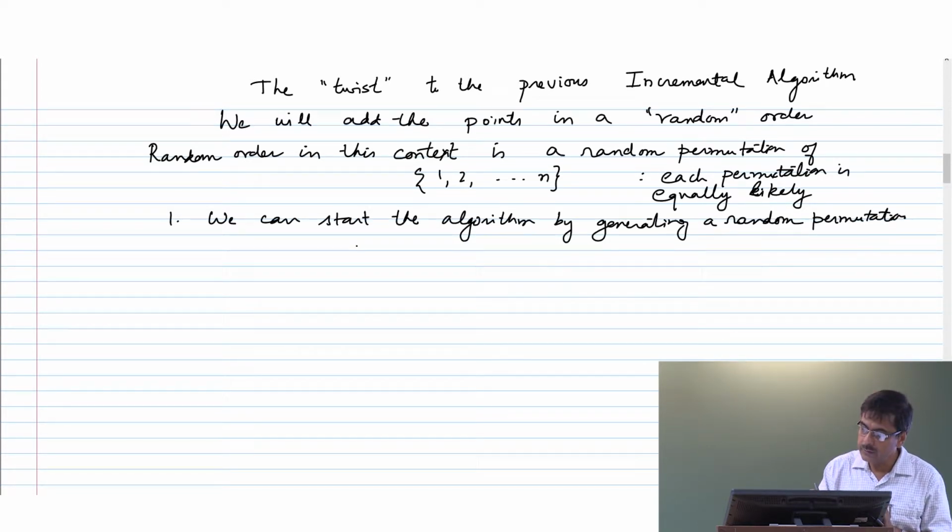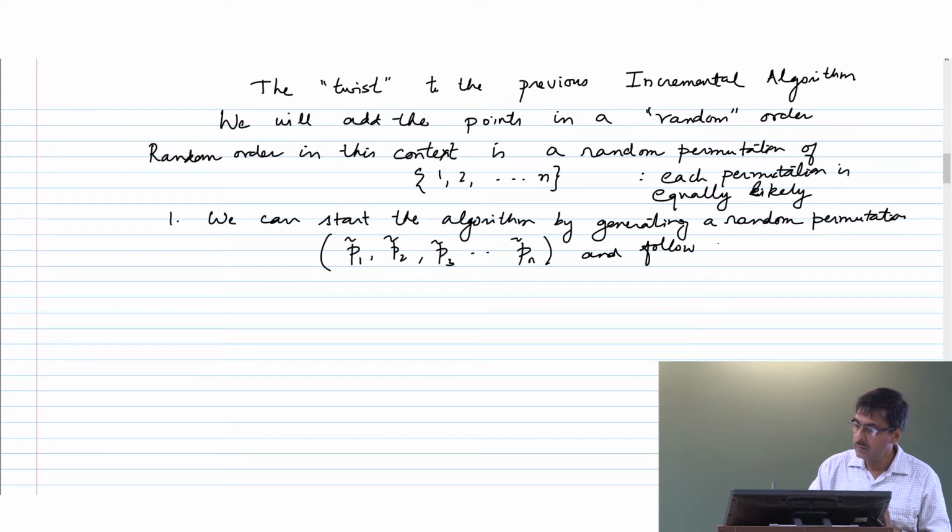So I could say that this permutation is basically P1, P2, P3, Pn, and follow this order for insertion.